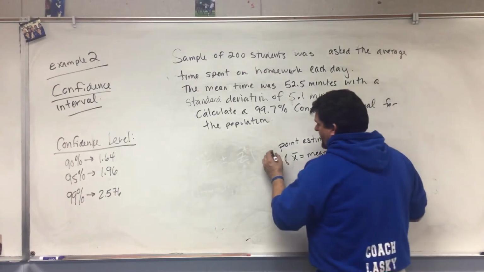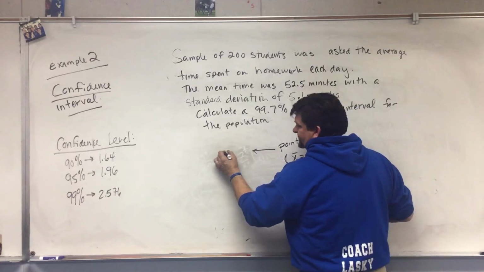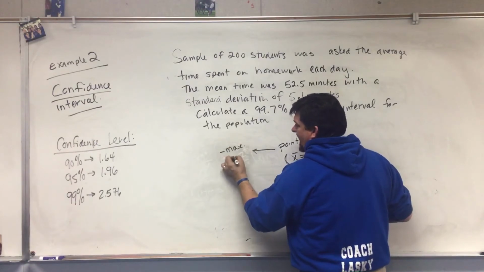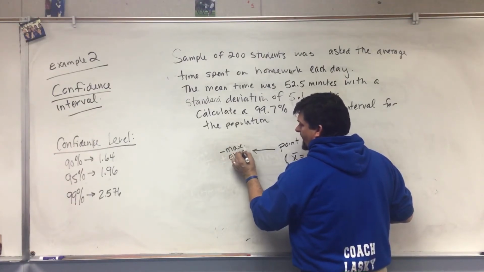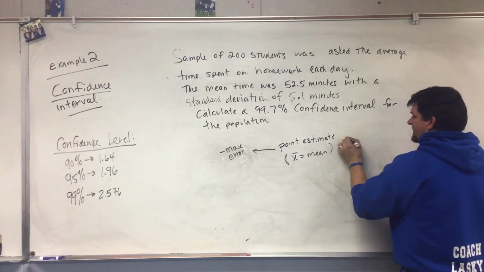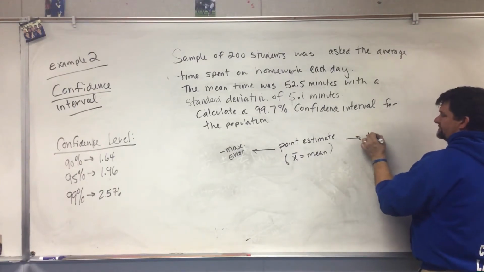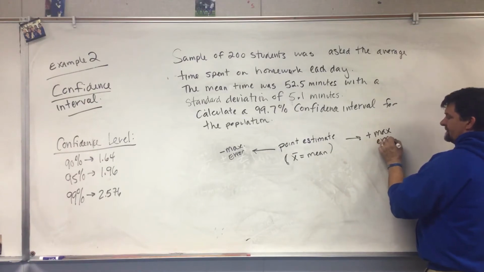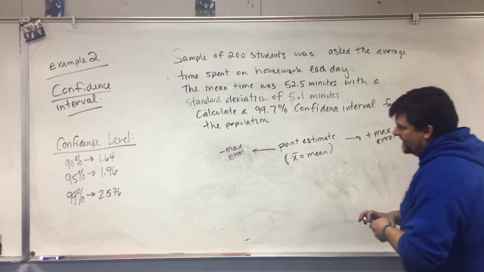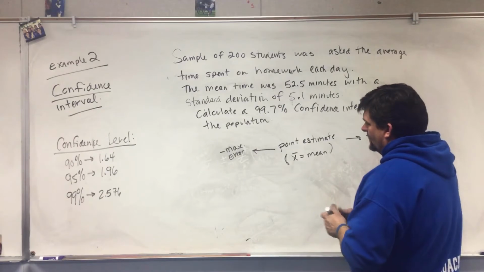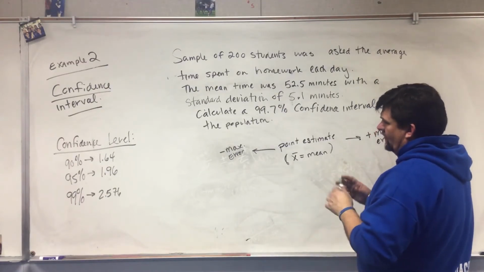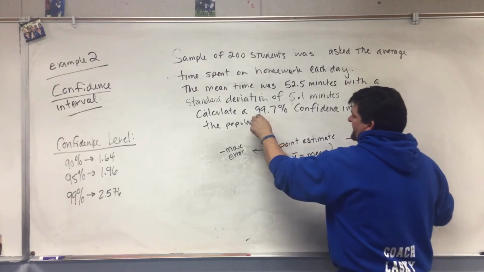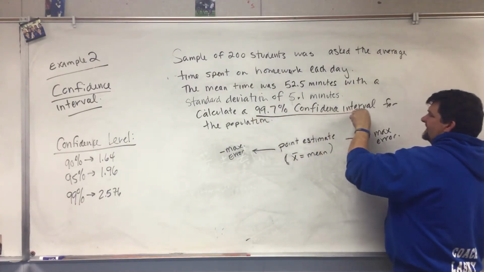And then on this side, you subtract your maximum error, and on the other you add your maximum error. From the last one, our maximum error is based on the confidence level.